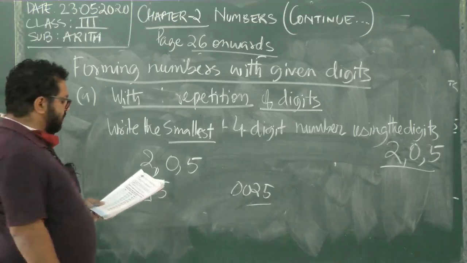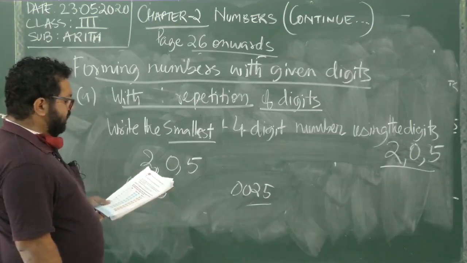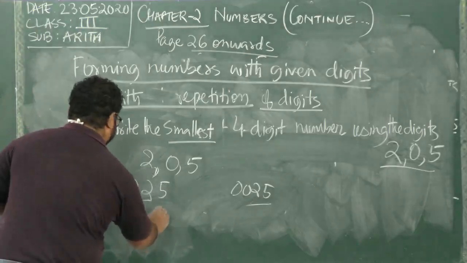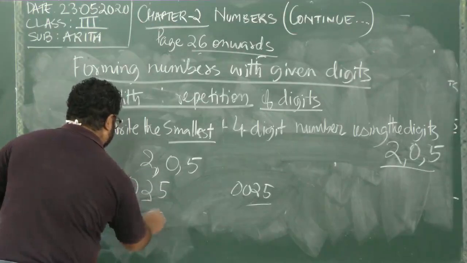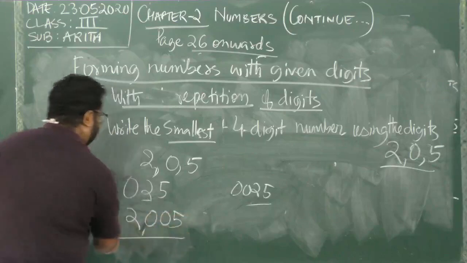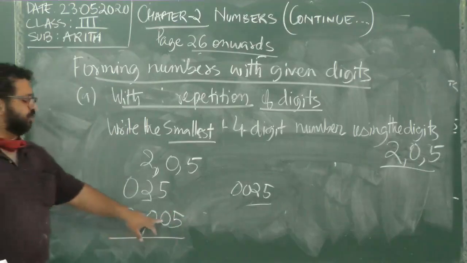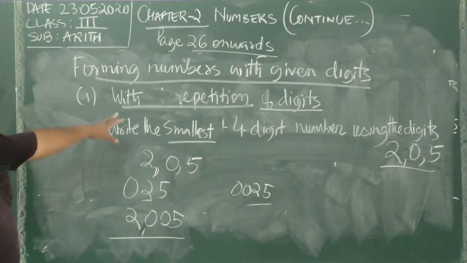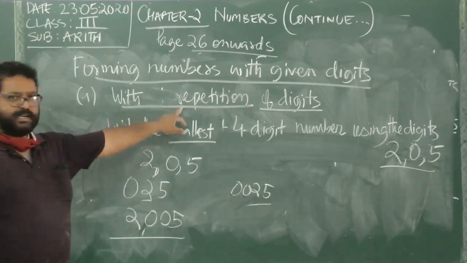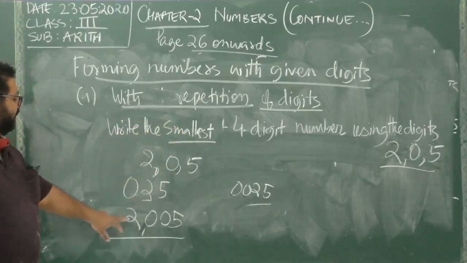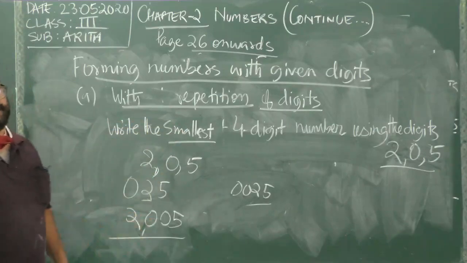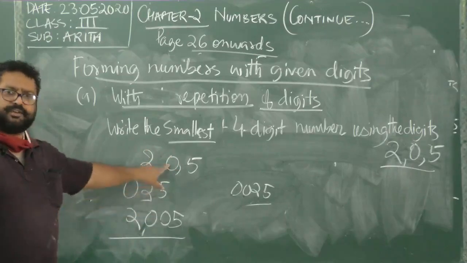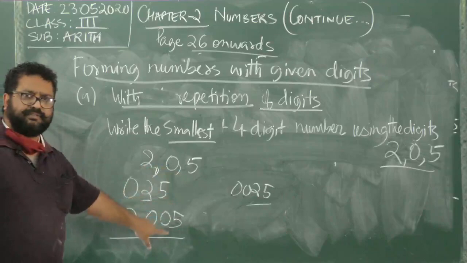Therefore, the smallest number found by using digits 2, 0, 5 is 2005. Because with repetition of digits allowed, we are getting 2005. We are using all these numbers. We have used 2, we have used 0, we have used a 5.